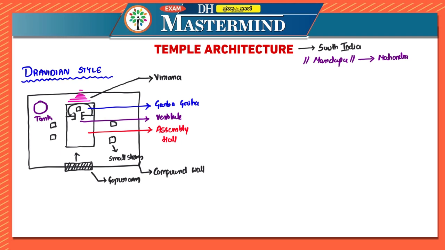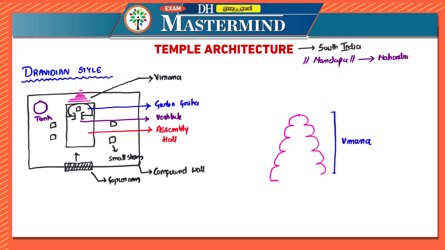Now Vimana we will draw in pink only over here. What was the structure of Vimana? So this is the structure of Vimana. You can see this in the Dravidian style. From here till here, it is Vimana.